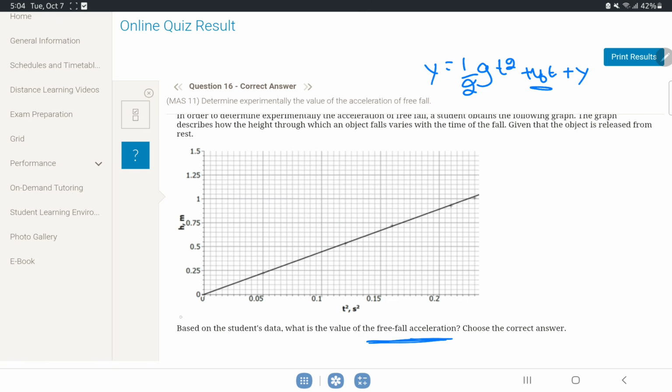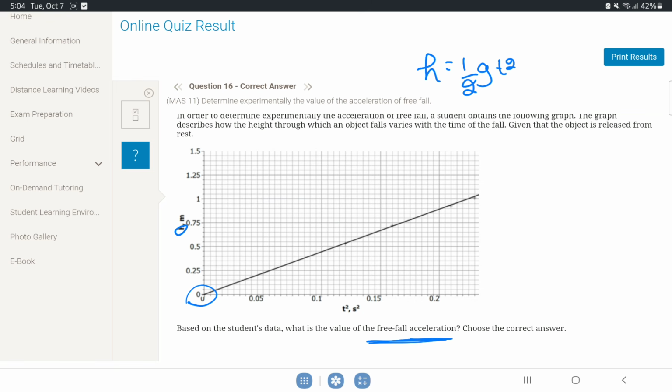Here v initial t is 0 since it starts from rest, and y initial will also be 0. So the new equation that we have is y is equal to half g t squared. Y in this case we put as h, since the y-axis is h for this question. So we have y is equal to half g t squared.